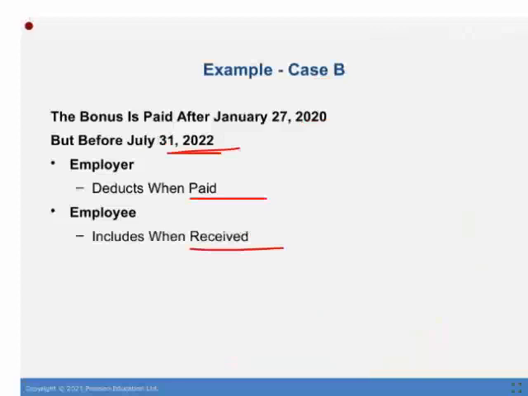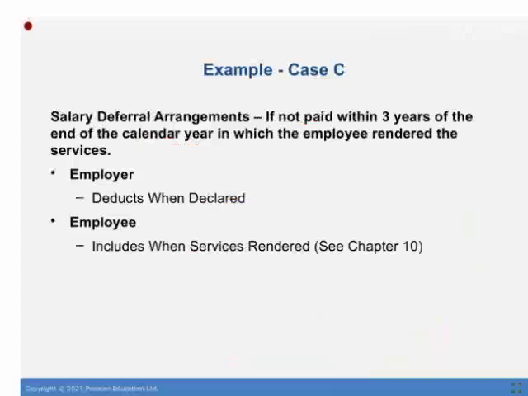Now, the reason for these far out dates here of 2022, that's the third option, which is what we call a salary deferral arrangement. So if this income is going to be earned during the year, but not paid for more than 3 years, 3 years calculated from the end of the calendar year, not the fiscal, the calendar.